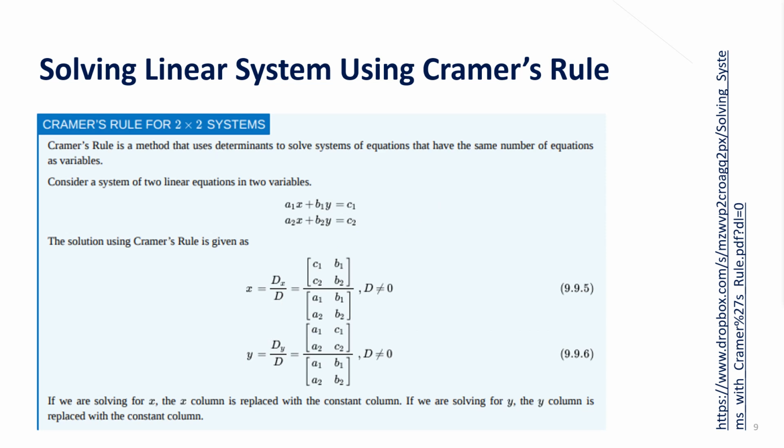For example, these equations, we have 2 linear equations. So first is equation number 1. The second one, we call it equation number 2. And then if we see how many variables they have, we have first variable equal to x, second variable equal to y. So the same number of equations, we have 2 equations, and the same number of variables, 2 variables, x and y.